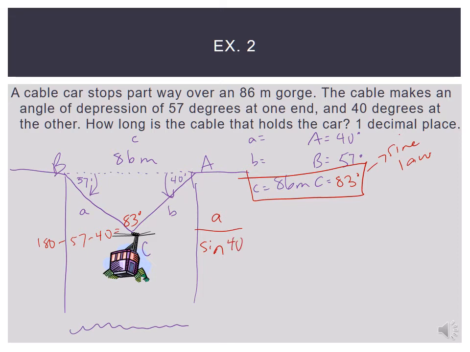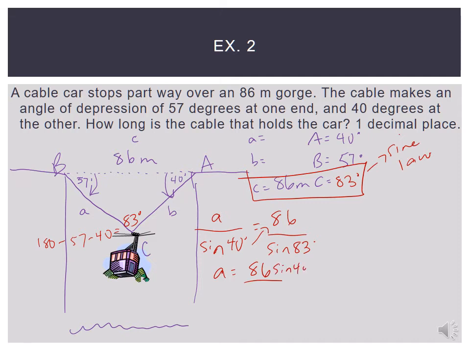A over sine A, which in this case is 40, equals, and on the other side of the equal sign is the letter that you have complete. So 86 over sine 83. Get rid of that sine 40 by cross multiplying.